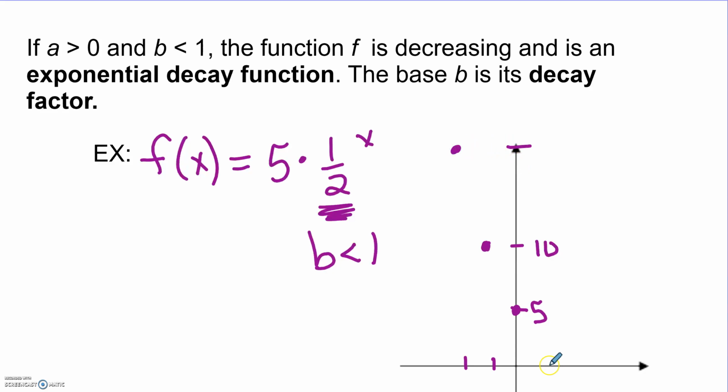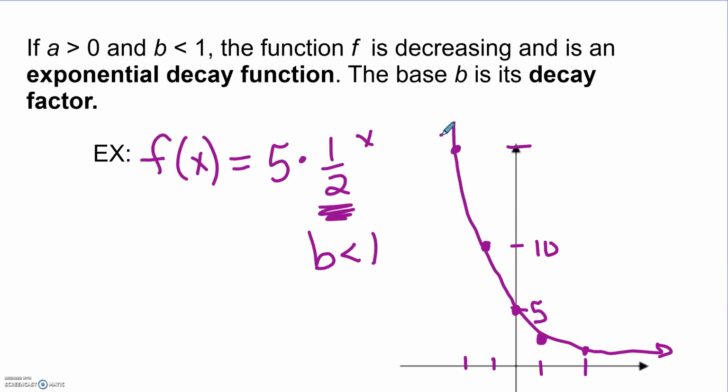We had 1, 5 halves, so that's here, and 2, 5 fourths, so here. So when you have an exponential decay function, its graph is going to look something like this.